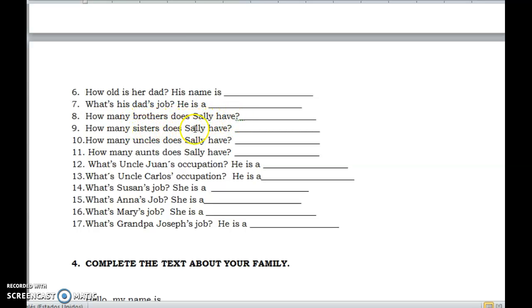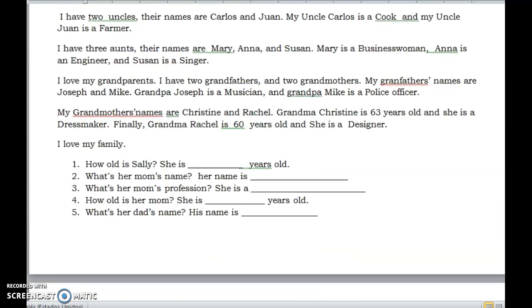How many sisters does Sally have? How many uncles does Sally have? How many aunts does Sally have? What's Uncle Juan's occupation? What's Uncle Scarlett's occupation? What's Susan's job? What's Anna's job? What's Mary's job? What's Grandpa Joseph's job? Pregunta por sus trabajos, job o occupation, that's ocupaciones.